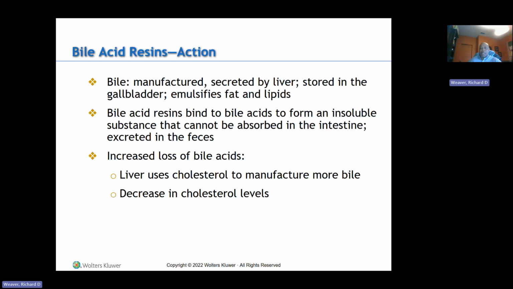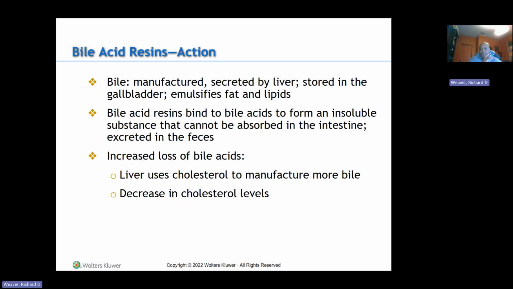All right. And when it forms an insoluble substance, what you want to take away from that is it cannot be absorbed in the intestine. Instead of being absorbed in the intestine and returning back to the body, it stays in the intestine and is excreted with the feces. All right.